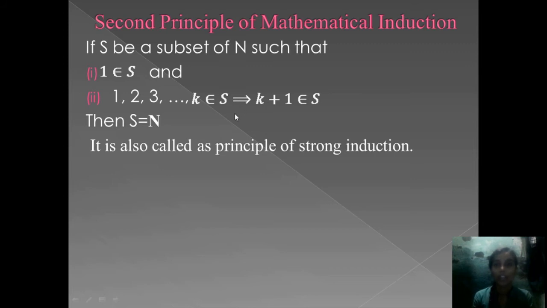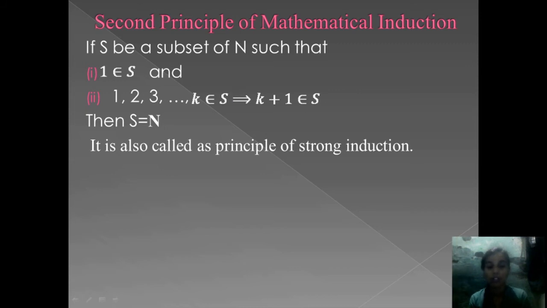The example of this, where we use the second principle, is when we have to show that every natural number has a prime factorization. Okay, in proving this result, if we assume the first principle of mathematical induction, that is for 1 we can factorize, for 2 we can, for k we can factorize, then we have to prove that k plus 1 can be factorized.